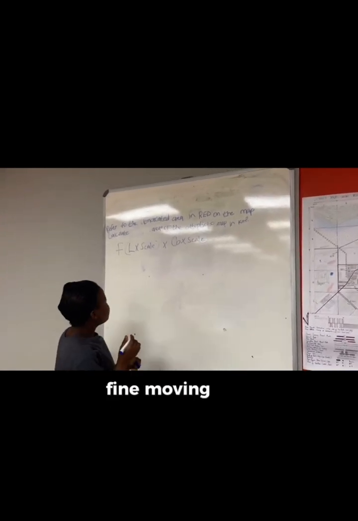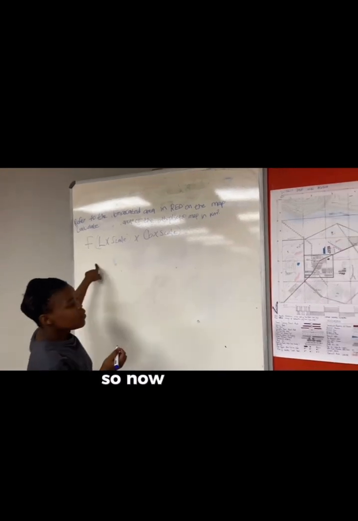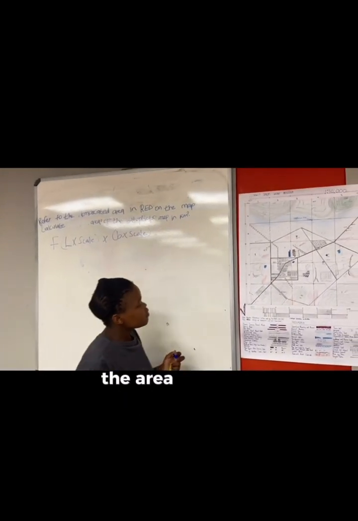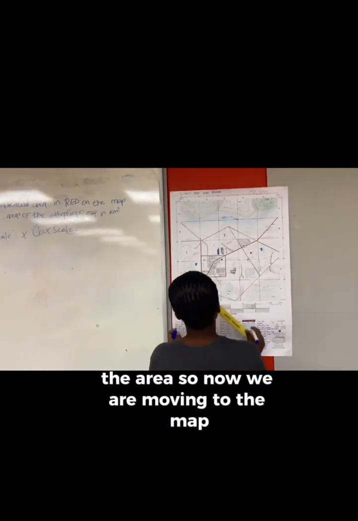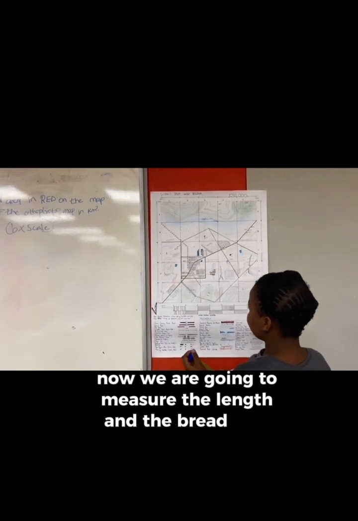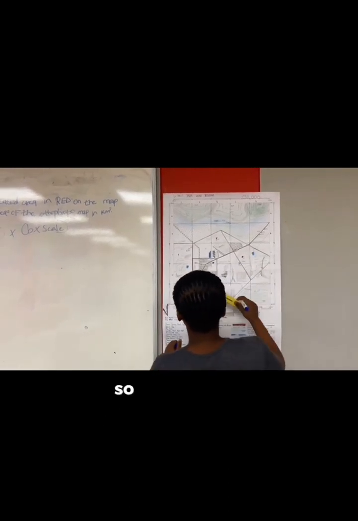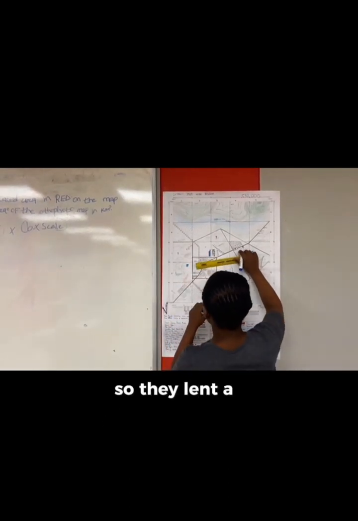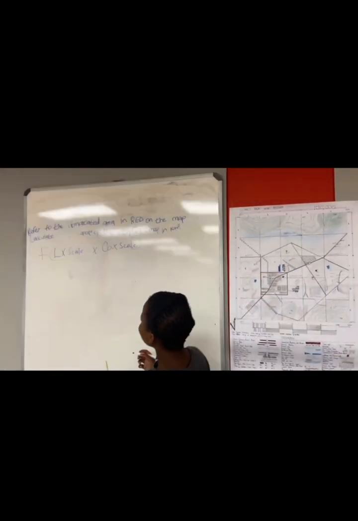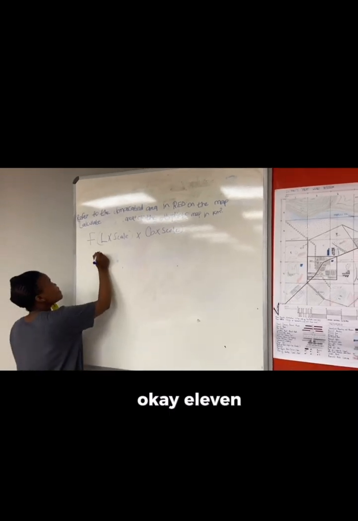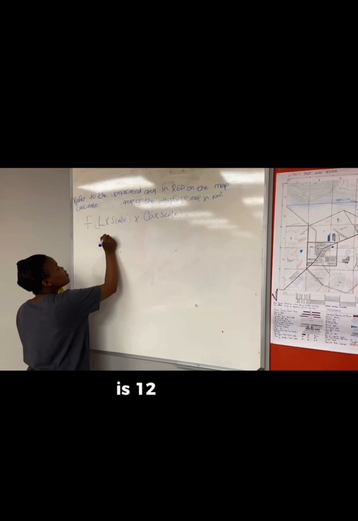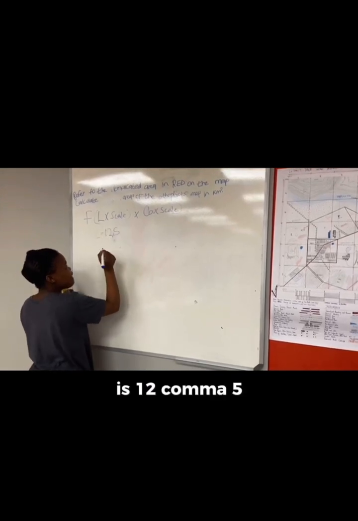Okay, fine. Moving to the map. So now we know the formula of calculating the area. Now we are going to measure the length and the breadth. Okay, so the length is 12.5.